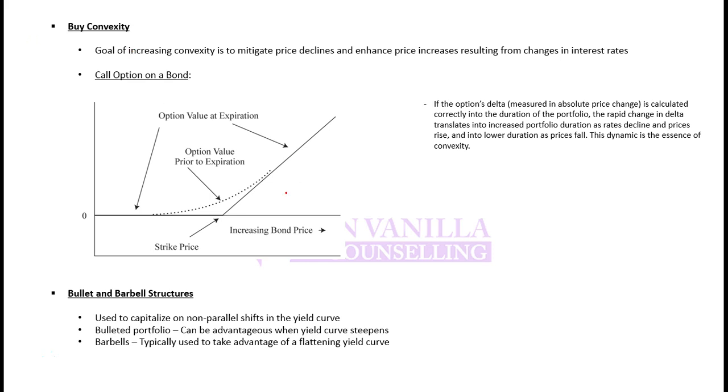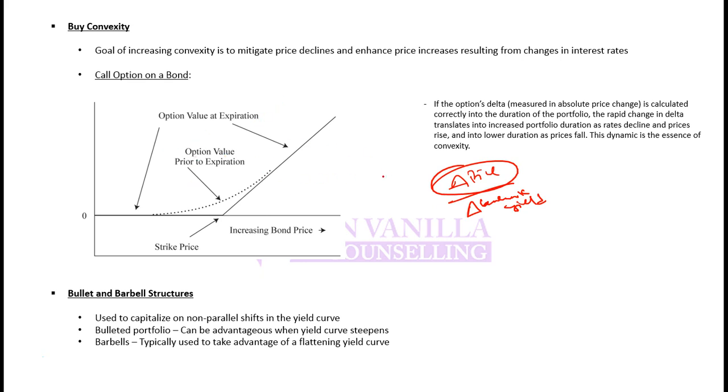Yes, so even if you take effective duration, what is effective duration? It is the change in price with respect to change in benchmark yield. So even if you are taking effective duration, by duration I do not mean a specific duration, it means effective duration or any duration that is applicable.